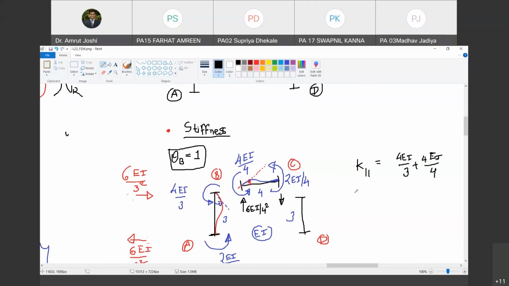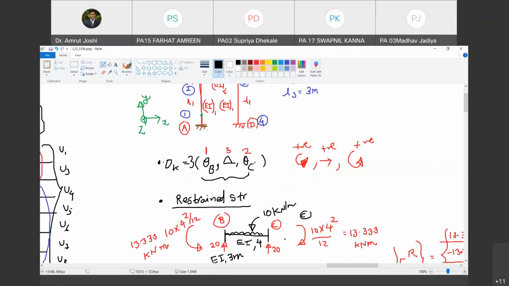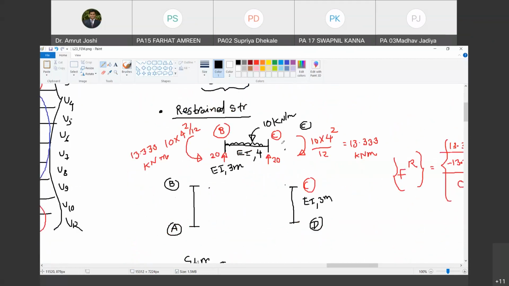Great. Now, what is K21? Sorry, K12. No, K21. We will write down first column. So K21, action that gets produced at 2 due to unit displacement at 1. Are you with me? Yes, sir. What is 1? 1 is theta b. So due to unit theta b, what is 2? 2 is theta c.